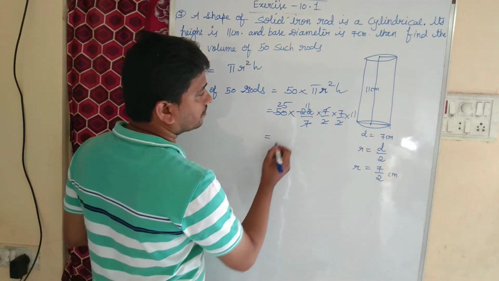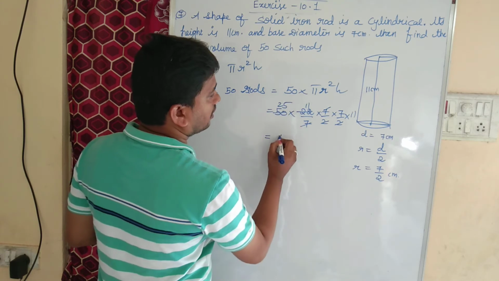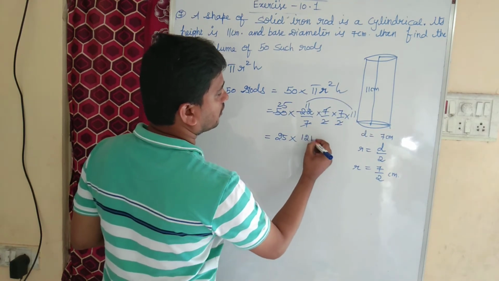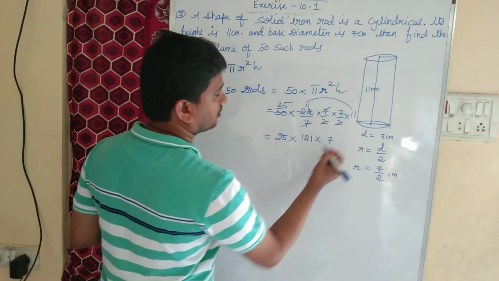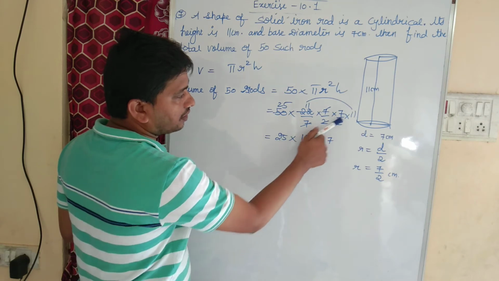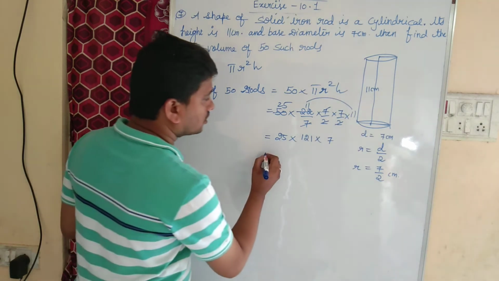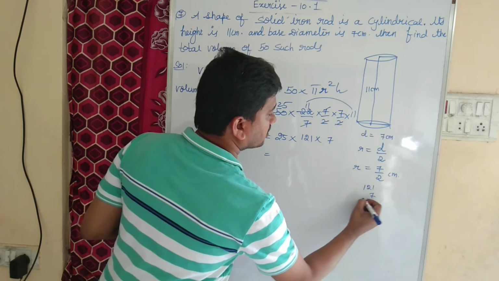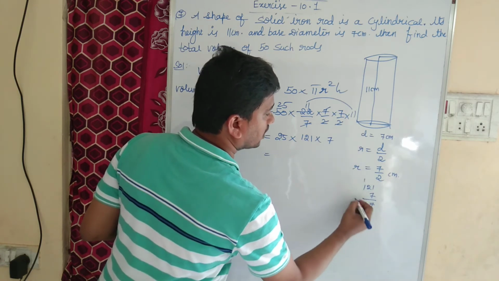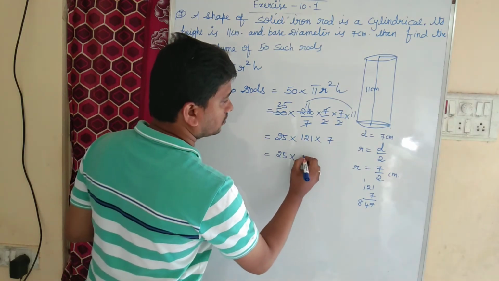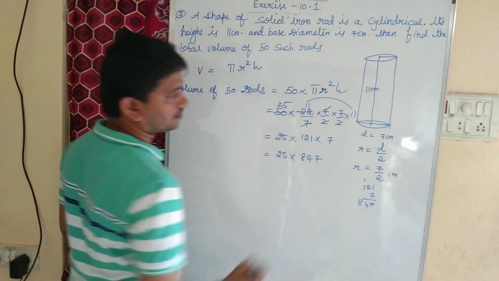So multiply children, 25 into 11 ones, 121 into 7. 25, 11 ones, 121 into 7, right? So let us multiply 121 into 7. 7 ones are 7, 7 twos are 14, 7 ones are 7 plus 1, 8. So 25 into 847.